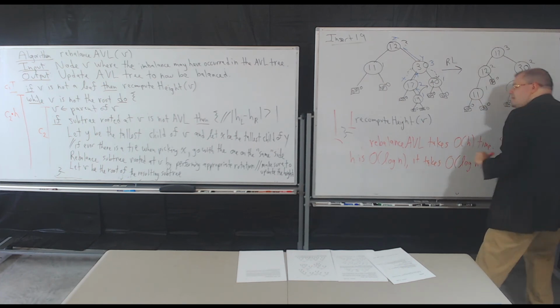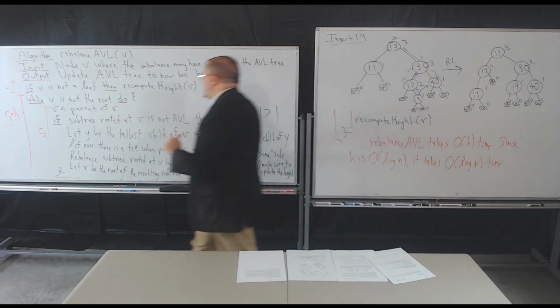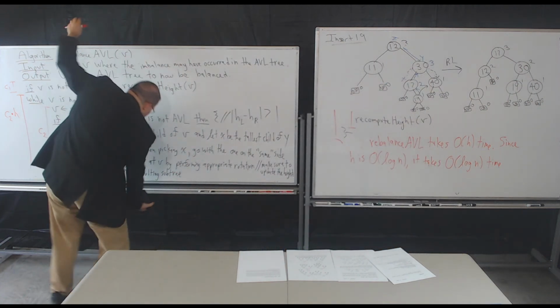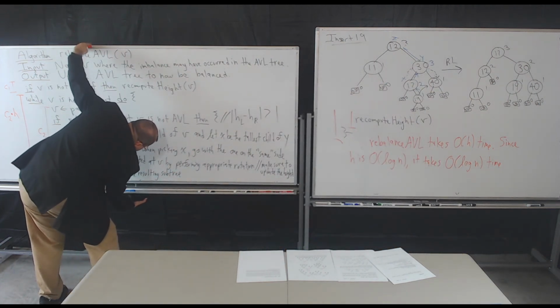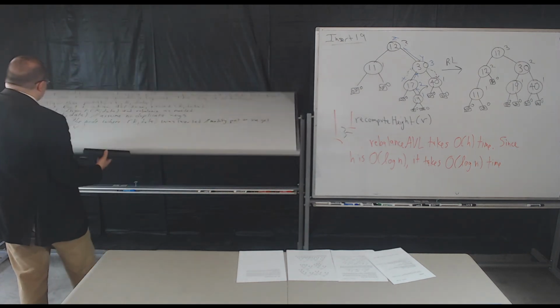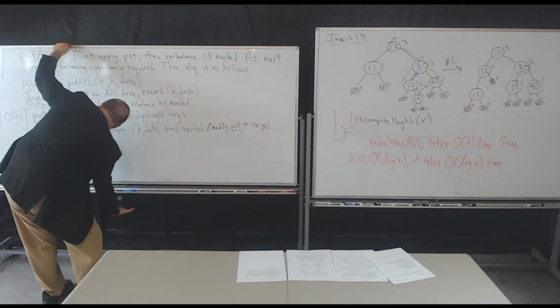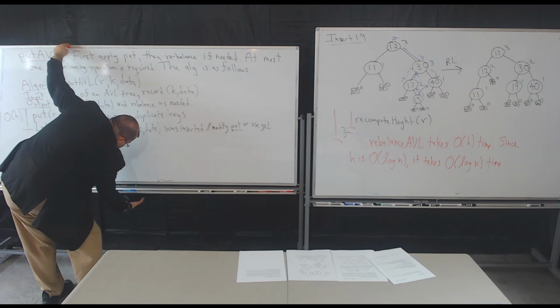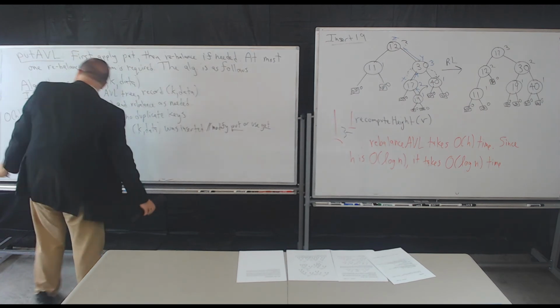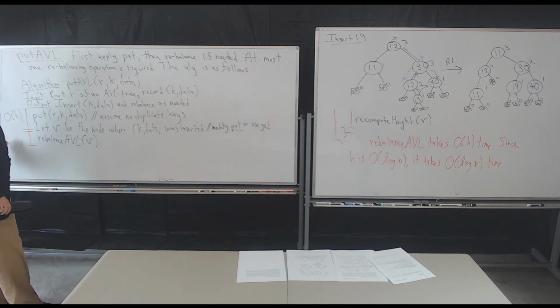See, isn't that nice? So that knocks out this analysis, so we know that rebalance AVL takes big O of log n time. But we also know it takes big O of H. So we know this takes big O of H, but H is big O of log n.